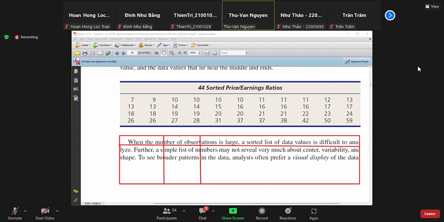Okay, the first one, we will write the frequency. Frequency means the number of times a data value appears. And here, stem and leaf.